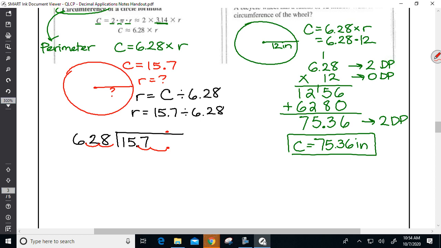I have a blank space. So what goes in the blank space? 0. 0 goes there. So you're doing 628 into 1570 with a decimal point behind. I hope we've got our calculators ready to deal with this large number.